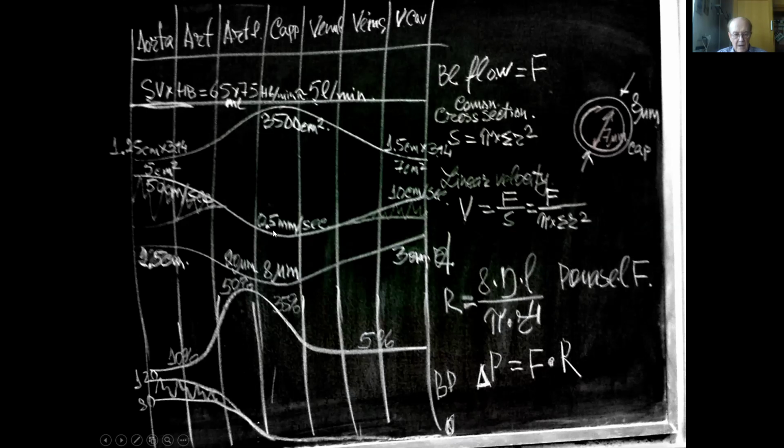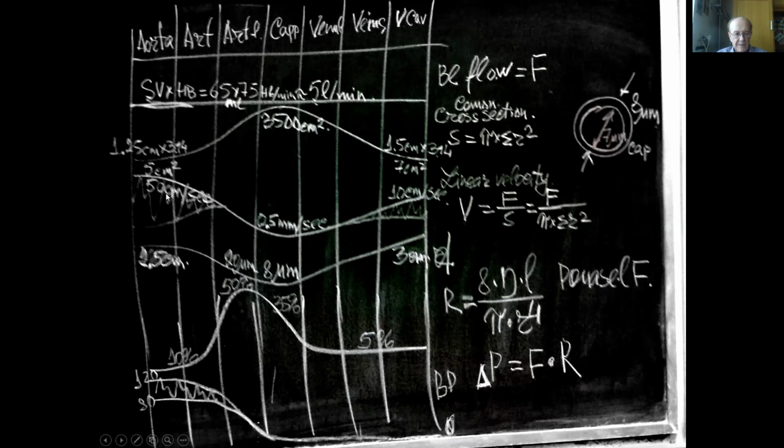Then it decreases, and in the capillaries it decreases to less than 1 millimeter, a half millimeter per second. And then the linear velocity starts to increase again in the veins, and in the large veins and in the vena cava, the maximum linear velocity is equal to 10 centimeters per second.